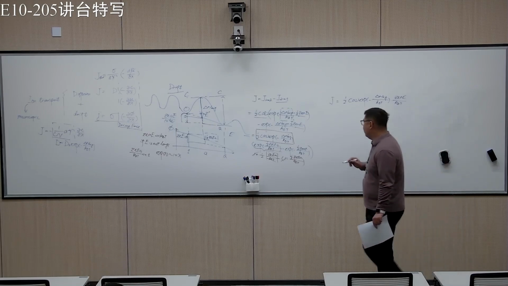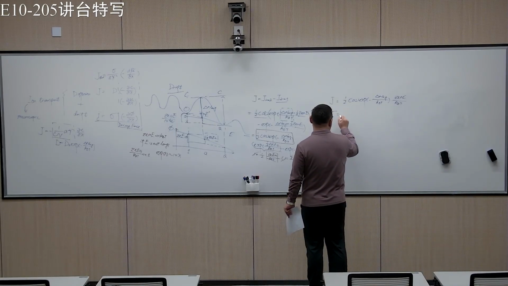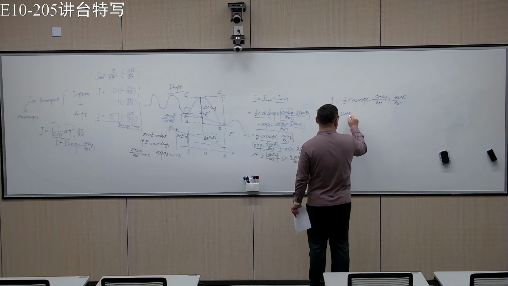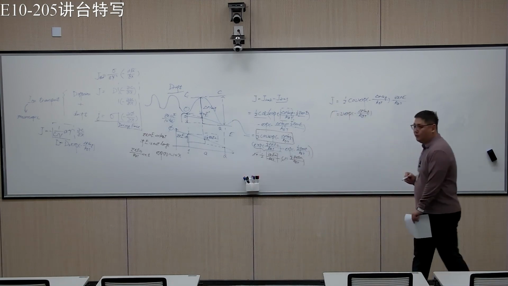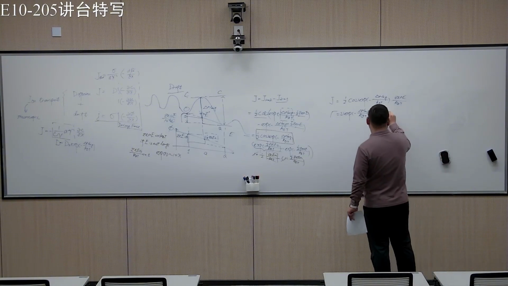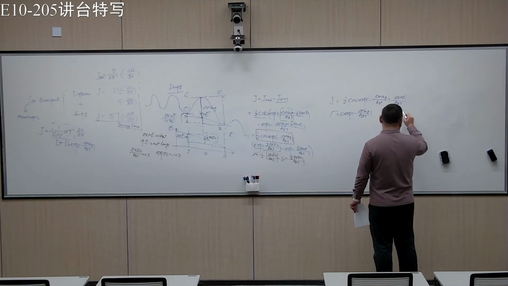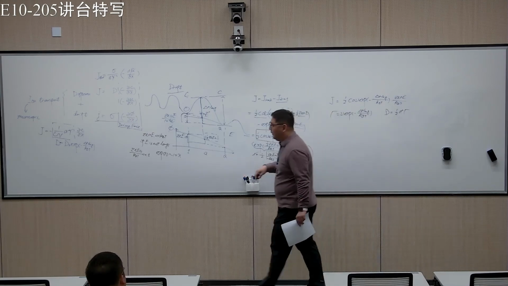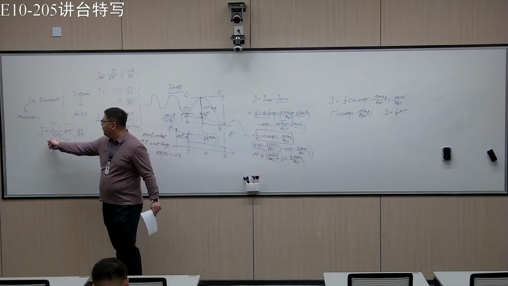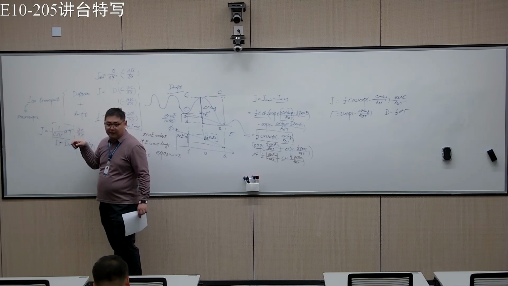Another thing we want to write is that we know tau is this part, and we know that D is 1/2 a squared over tau. We are still dealing with the one-dimensional case, so it's basically the 1/2.